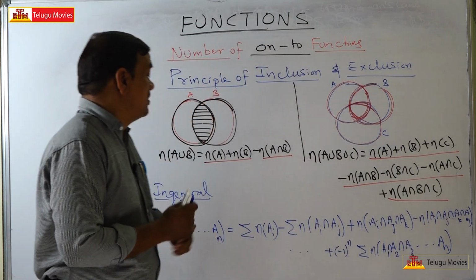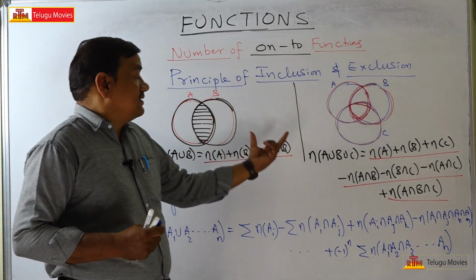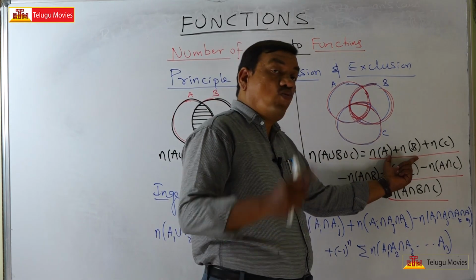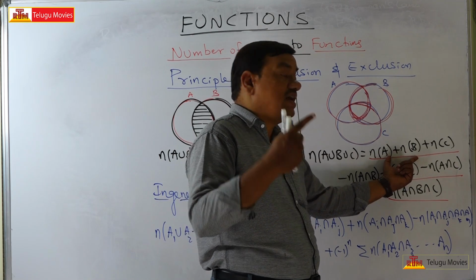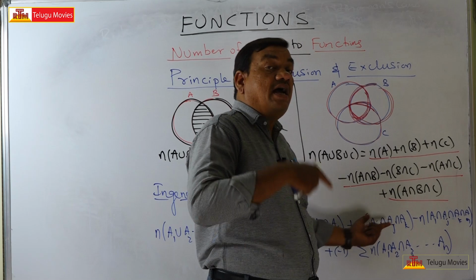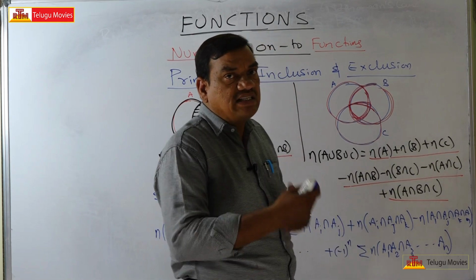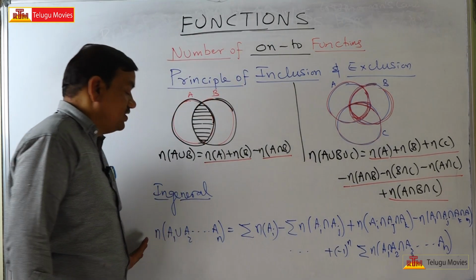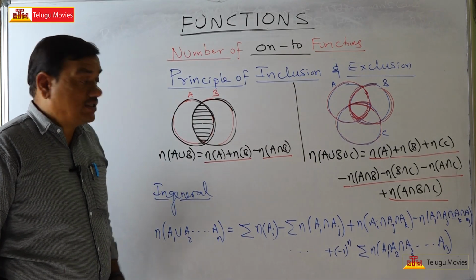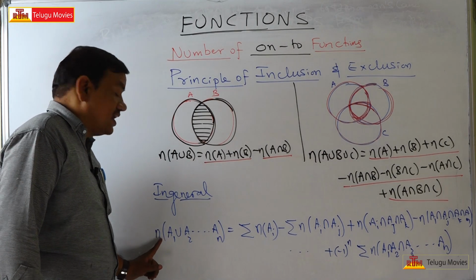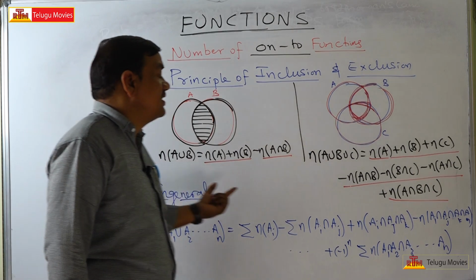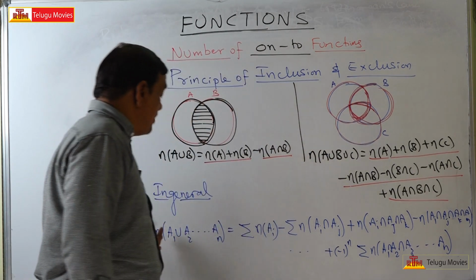From this, first plus, 2 sets minus, 3 sets plus, 4 sets minus, so plus minus plus minus will come. Now this is the generalized form of the principle of inclusion and exclusion. Here n of A1 union A2 union up to AN. Earlier I took 2 sets, then 3 sets, but here I am taking n sets.